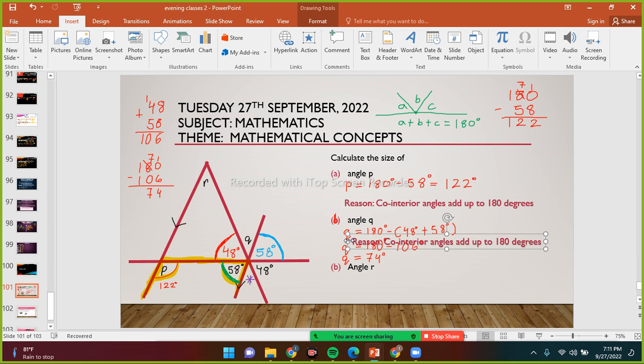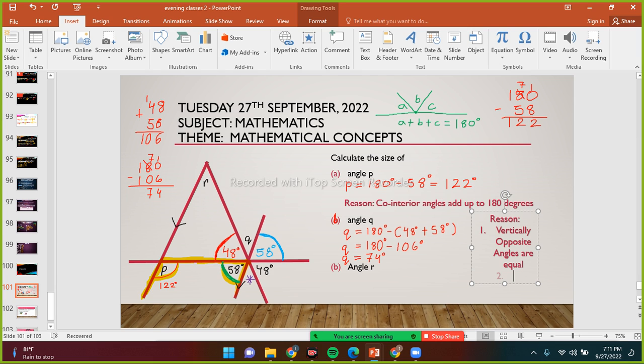The first reason is that we said vertically opposite angles are equal.